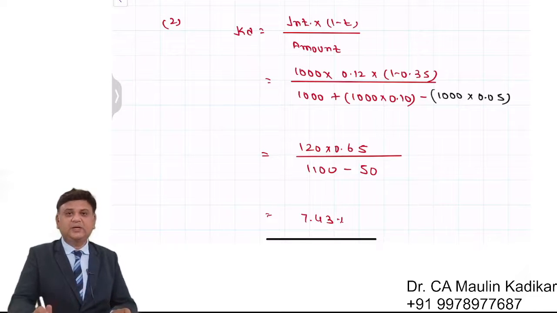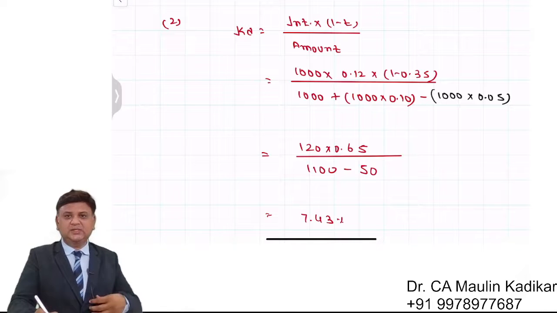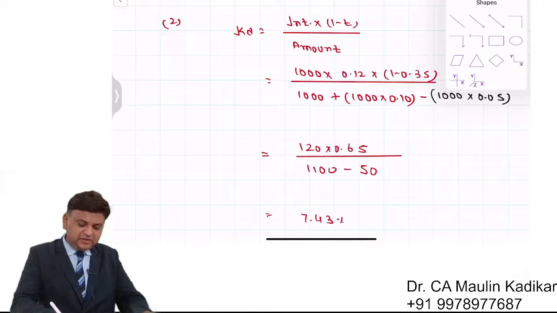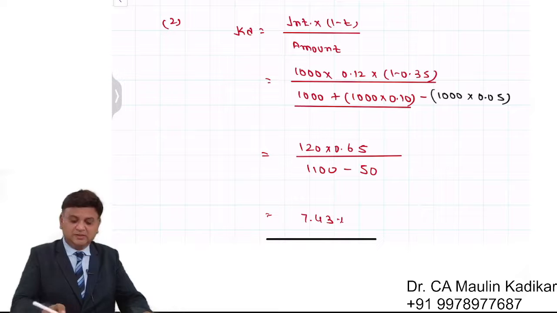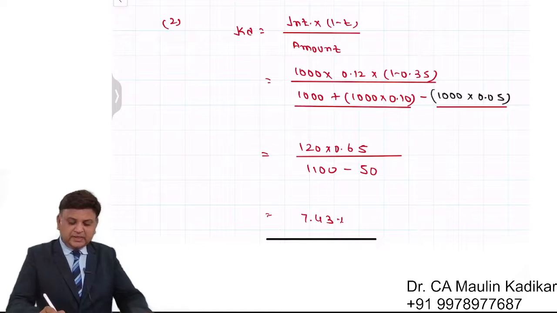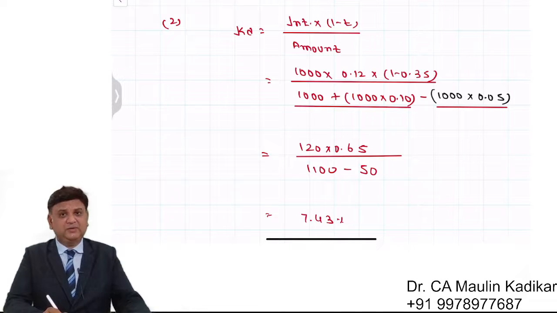This is the way we are required to incorporate the effect of the flotation cost in the calculation of the cost of debt financing. As it is one-time expense, it is deducted in calculation of the amount that we have received from the investor. This is technically the issue price, and this is the flotation cost. Regarding calculation of the flotation cost also, there is a small ambiguity that we have.